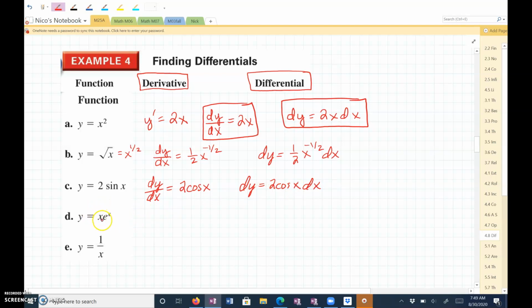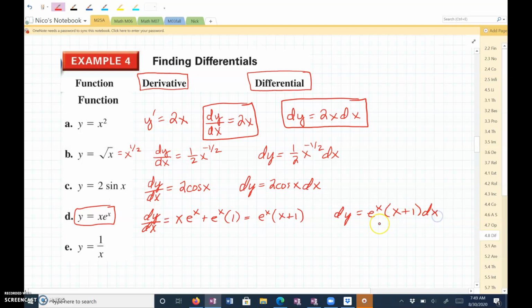Next, y equals x times e to the x, that's going to be the product rule, so dy dx equals the first times the derivative of the second plus the second times the derivative of the first. We could simplify this and make this e to the x times x plus 1. And then when we write the differential, dy equals e to the x times x plus 1 dx.